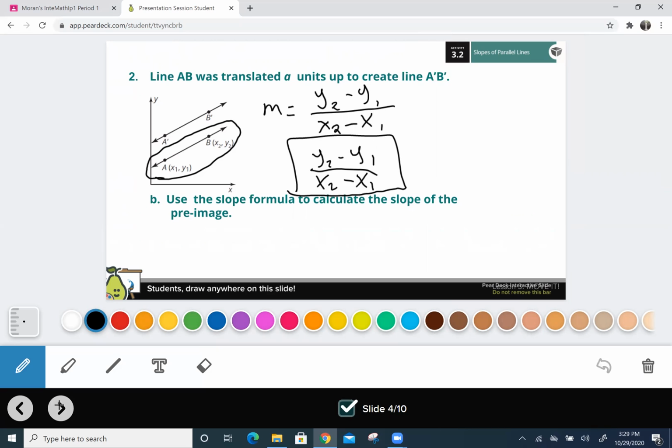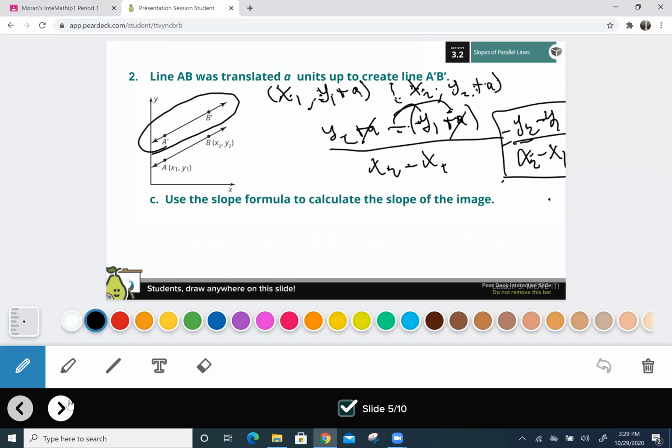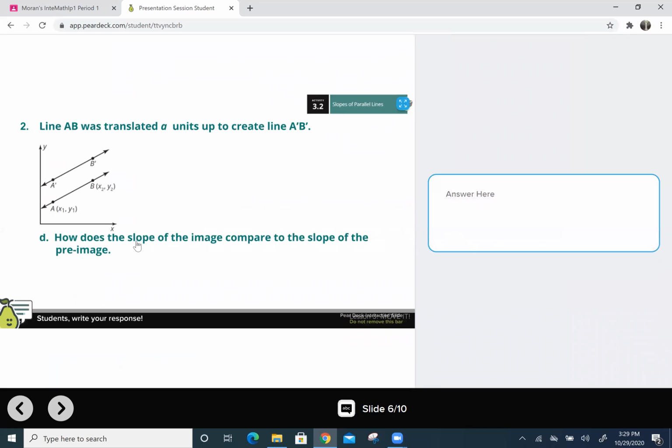This one is the pre-image, and this one up here is the image. I did the slope formula for the top one, y2 minus y1 over x2 minus x1. The next question asks how the slope of the image compares to the slope of the pre-image. The slopes are the same.